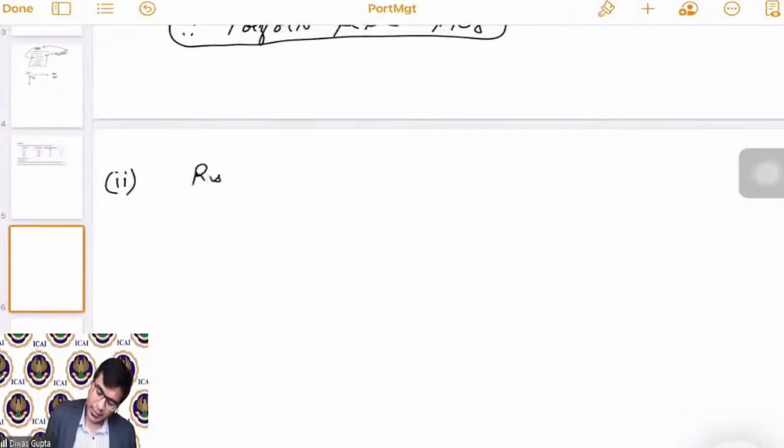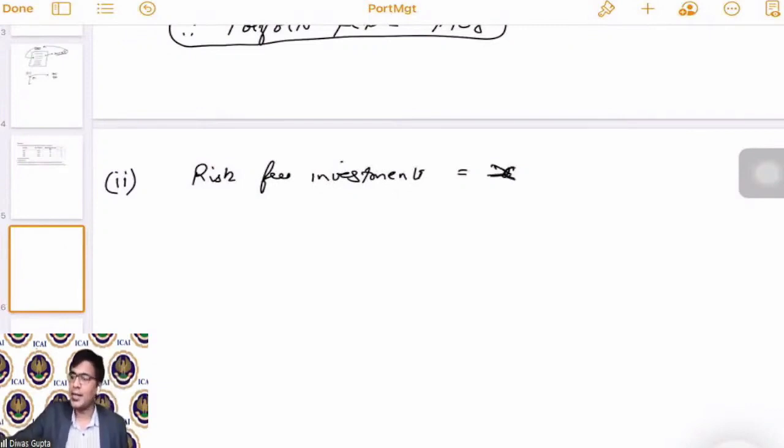I'm assuming the risk-free investment to be X. Now, students, please tell me what is the beta for a risk-free investment?